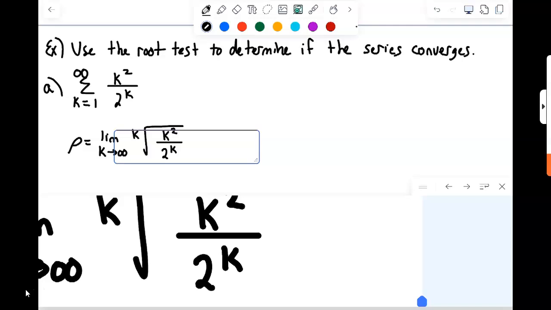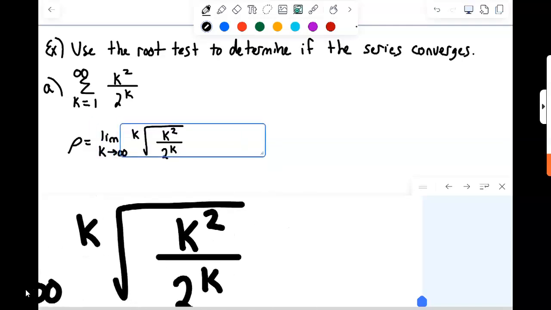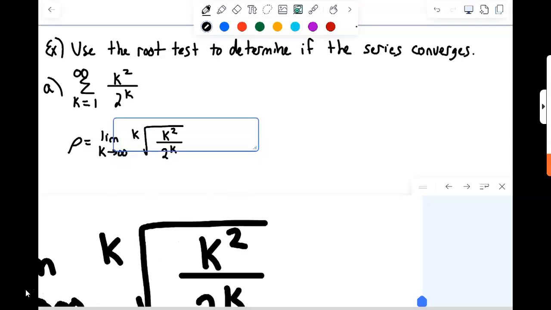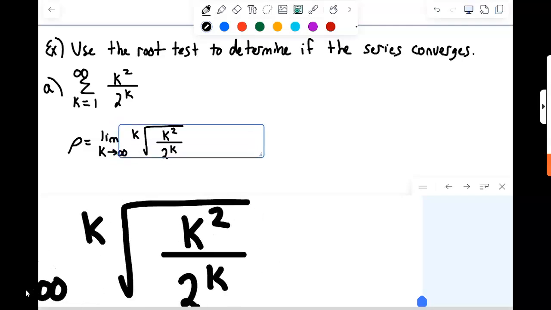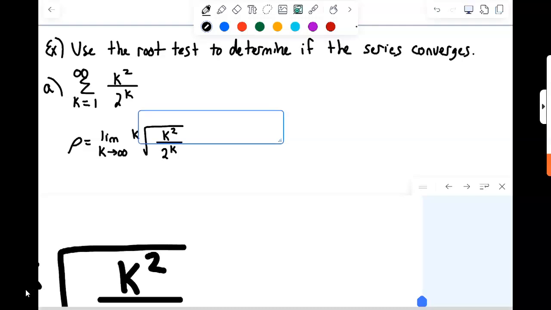Now, remember what it means to take the kth root of something. In terms of an exponent, that means to raise it to the 1 over k power.